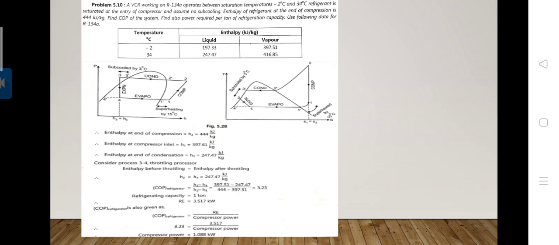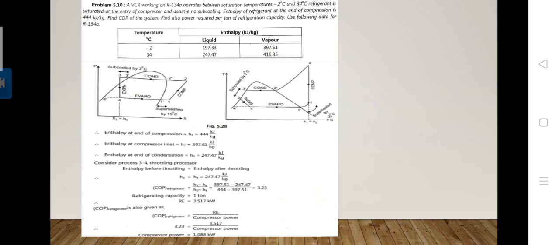Heat is rejected in the condensation process, so the vapor phase of the refrigerant is converted into the liquid phase. That's why we take H3 for the liquid phase.